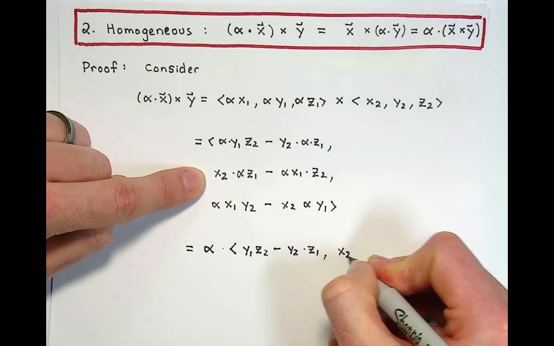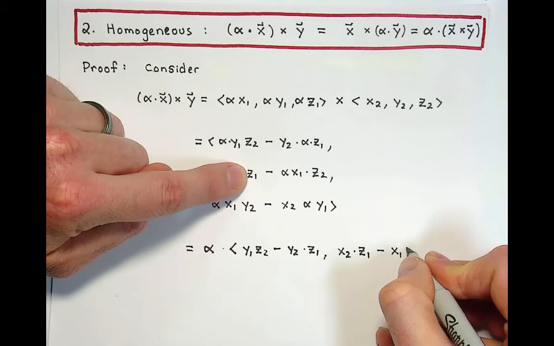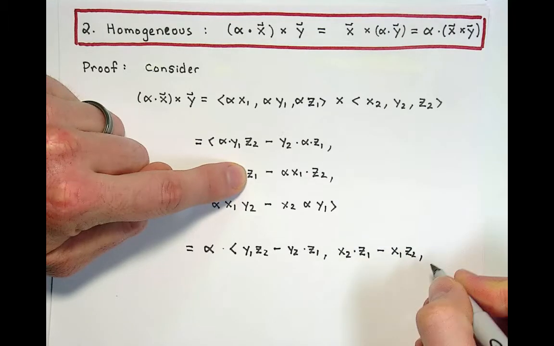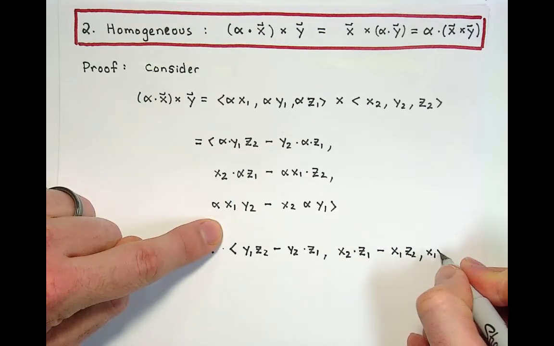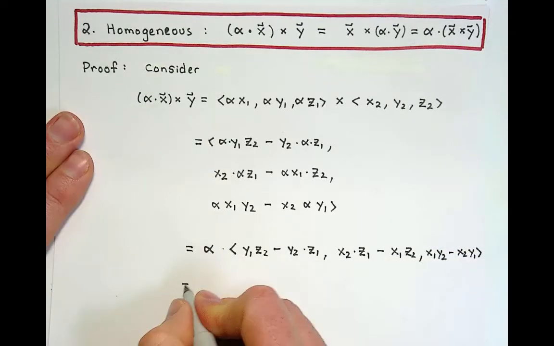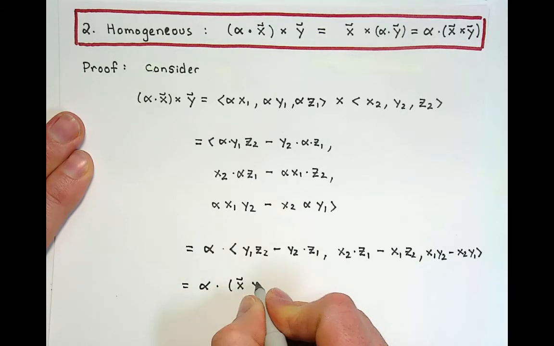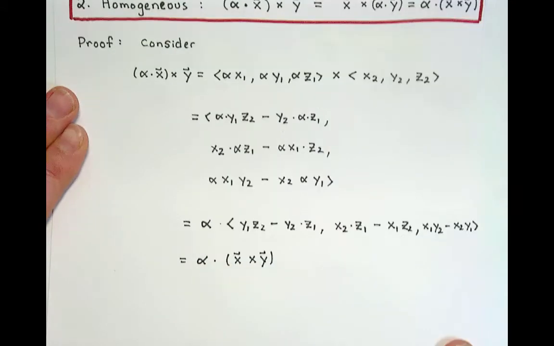I've got x2 z1 minus x1 z2. That was the opposite order. x1 y2 minus x2 y1. And notice this is indeed alpha times the cross product x cross y.